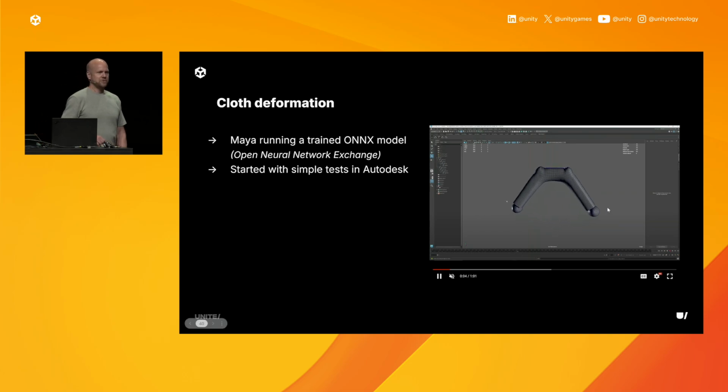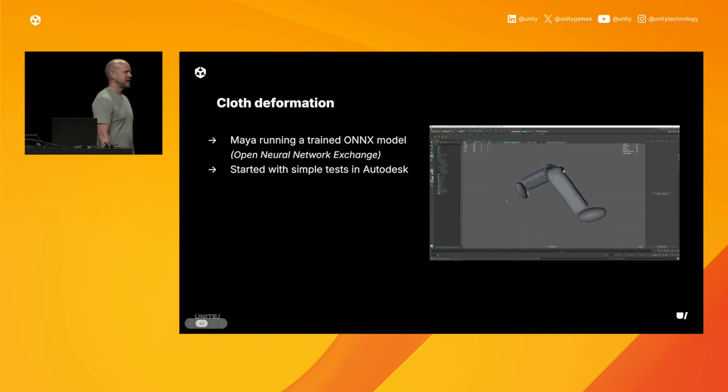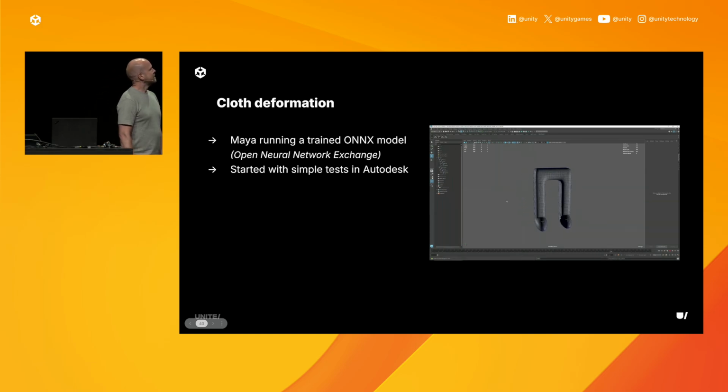One thing when you start to R&D this stuff, I just wanted to highlight that the Sentis framework allows you to drag and drop ONNX models directly, and that really helps when you start to explore these venues.